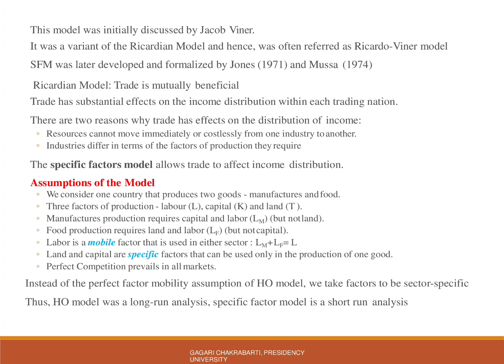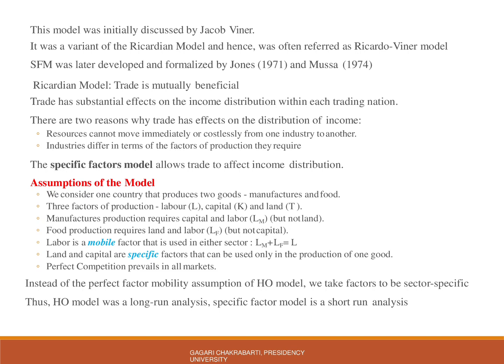Labor endowment is given and labor is a mobile factor that is used in either sector. Therefore, we have Lm plus Lf equal to L, and since labor is mobile across the sectors, only one wage rate will prevail in the economy. So, wages will not differ across the sectors.